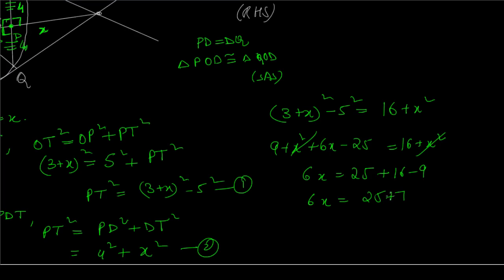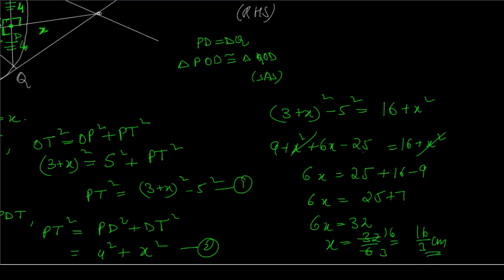Let me recheck: 6x minus 25, so this becomes 25 plus 16 minus 9, which is 32. Yes, 32 only. 6x is equal to 32, so x will be equal to 32 by 6, which is 16 by 3.